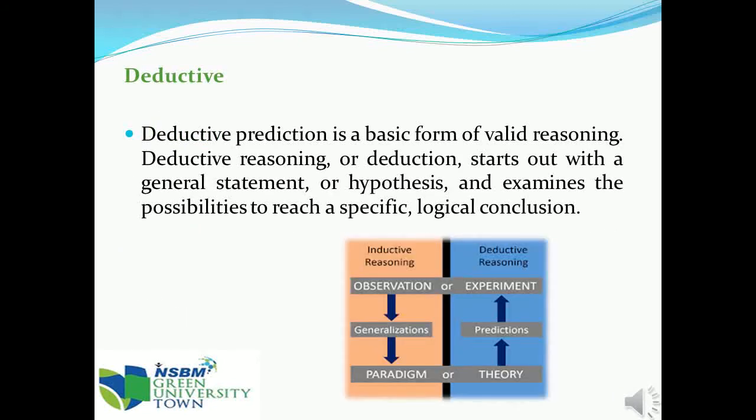Second one is deductive. Deductive means the basic form of valid reasoning. Deductive reasoning or deduction starts out with a general statement or hypothesis and examines the possibilities to reach a specific logical conclusion.